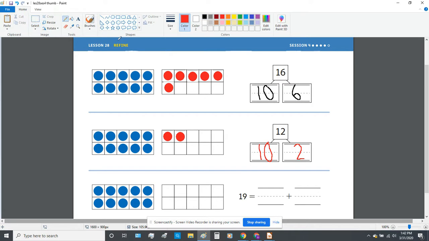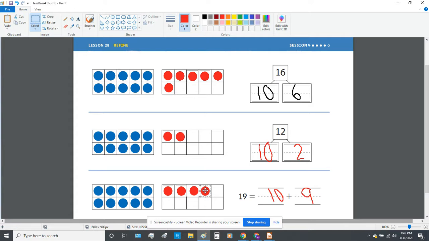It's the same process as the number bond, but now in an addition statement. So 19 is the same as 10 plus the extras, 9. Then you're going to put 9 circles or dots into your empty tens frame to show that 10 plus 9 are equal to 19.